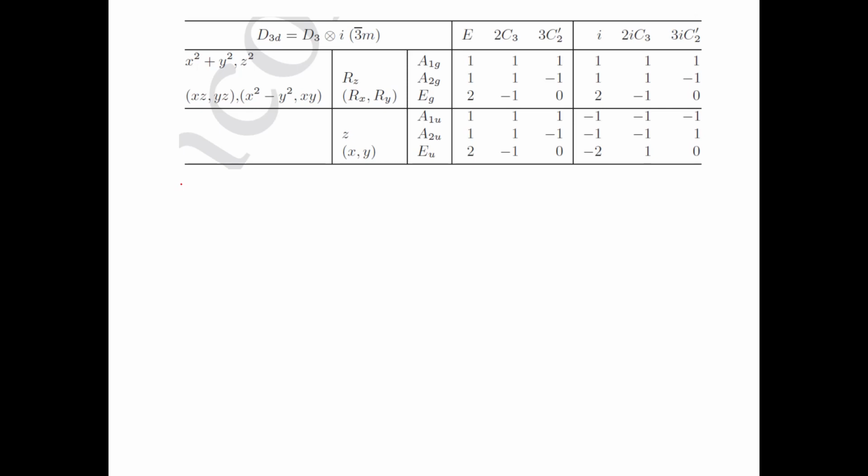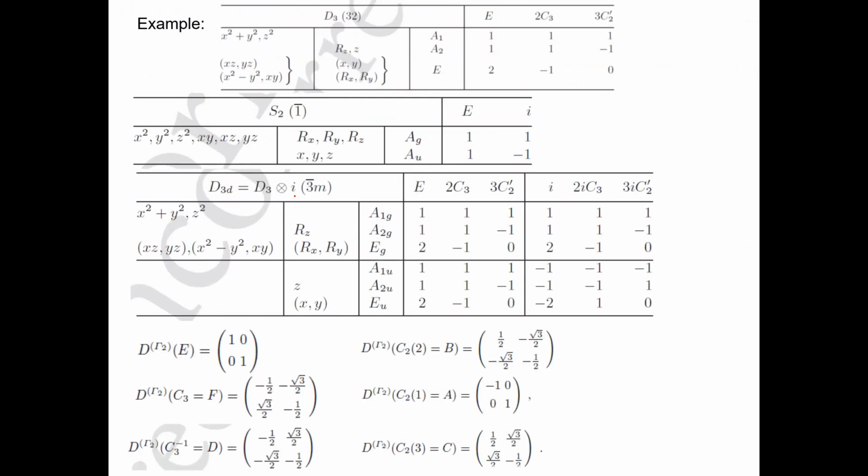You can see that the product of, for instance, you take a representation of the product group EG, which is the product of two representations: the E representation of the D3 group and the AG representation of the inversion group.